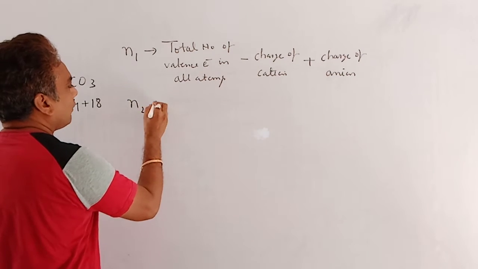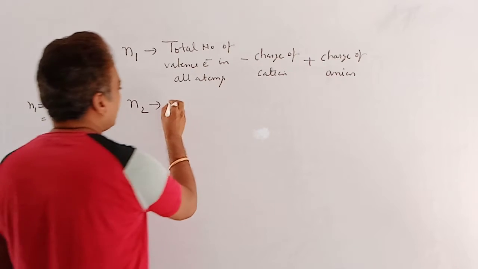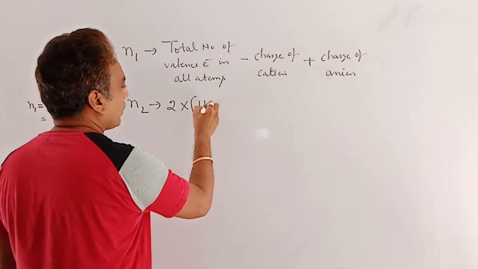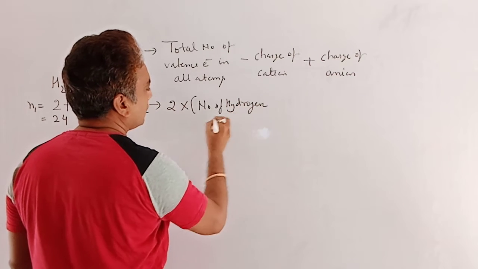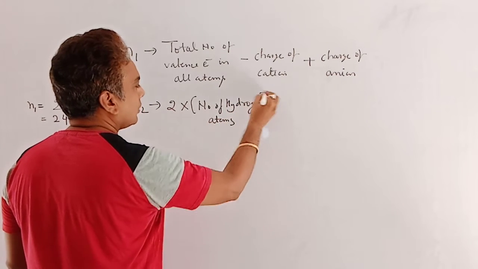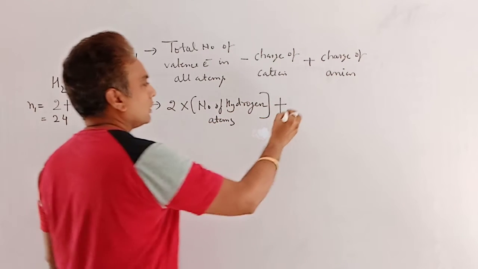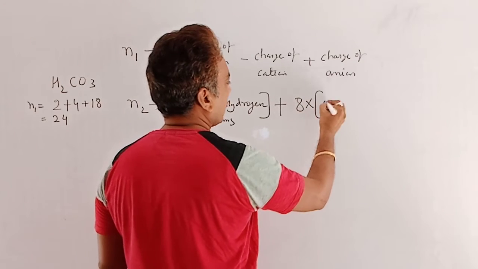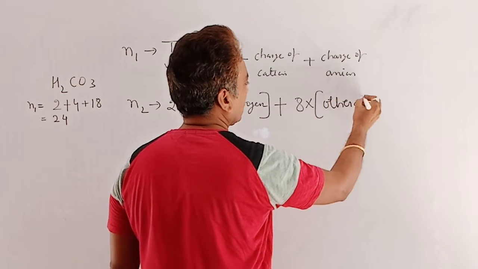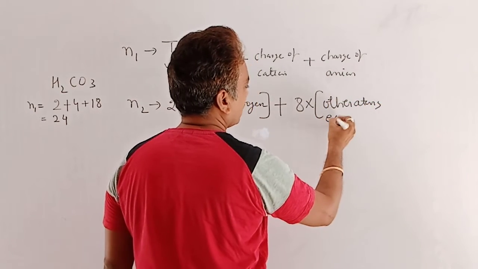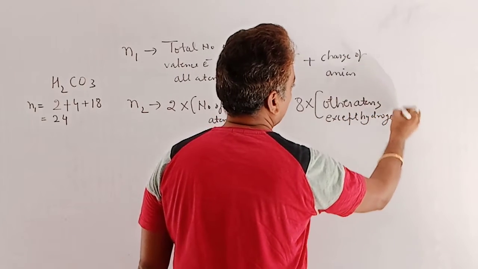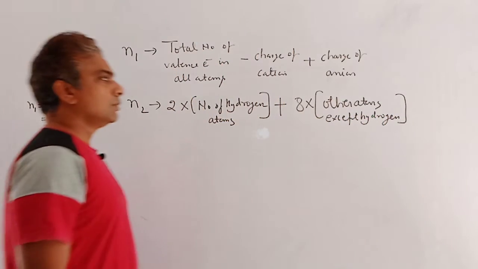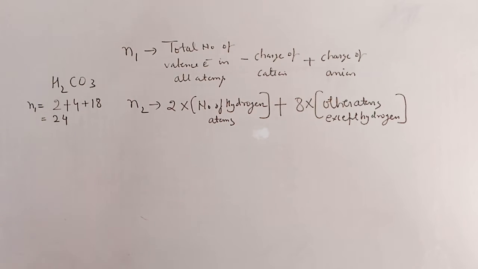Secondly, we calculate the value of N2, which is equal to 2 into the number of hydrogen atoms plus 8 into other atoms except hydrogen.